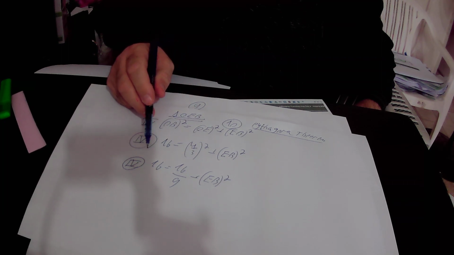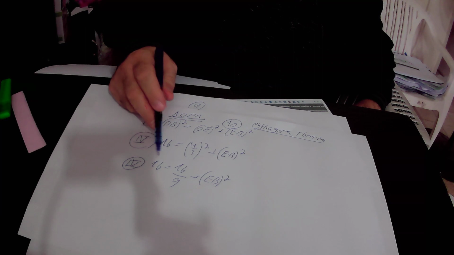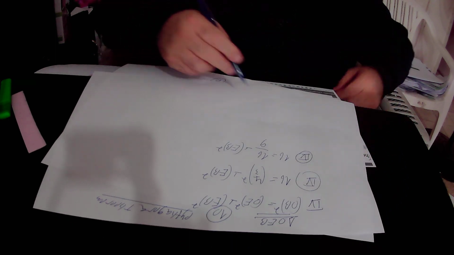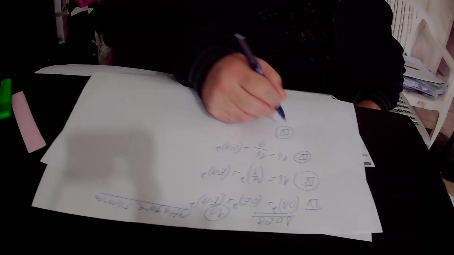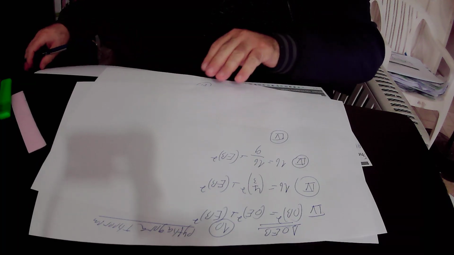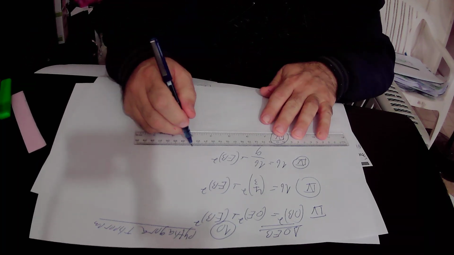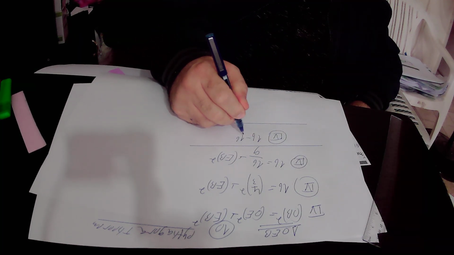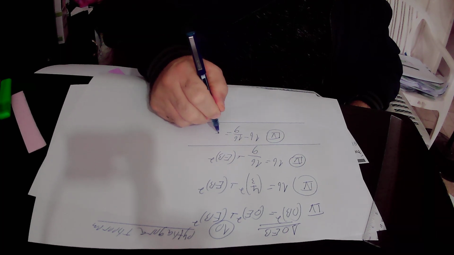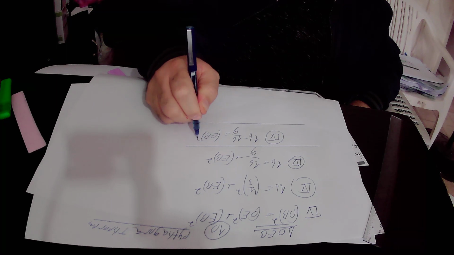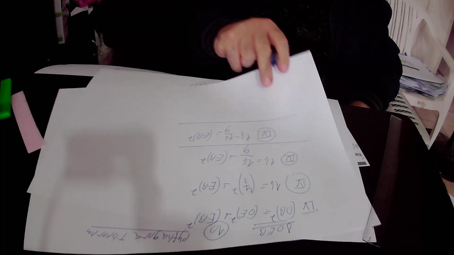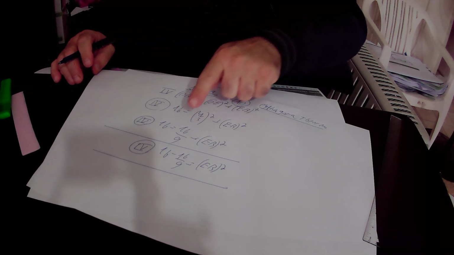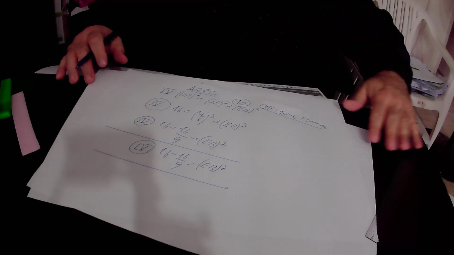We will subtract 16 over 9 from this equation number 4, and we will get that 16 minus 16 over 9 equals EB square.